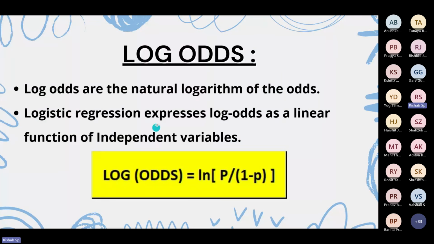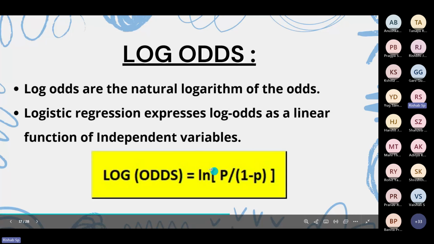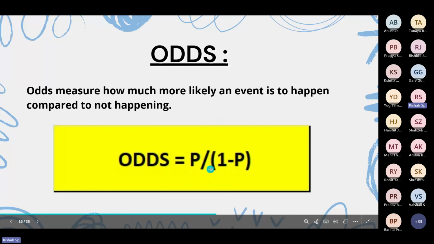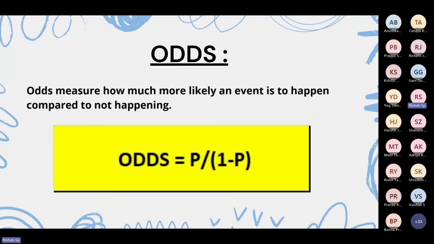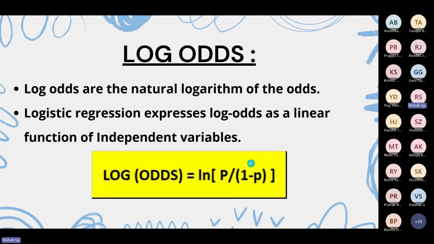For the log odds, the equation is simple. We put the odds inside a log. That's log odds, which means log of p divided by 1 minus p.